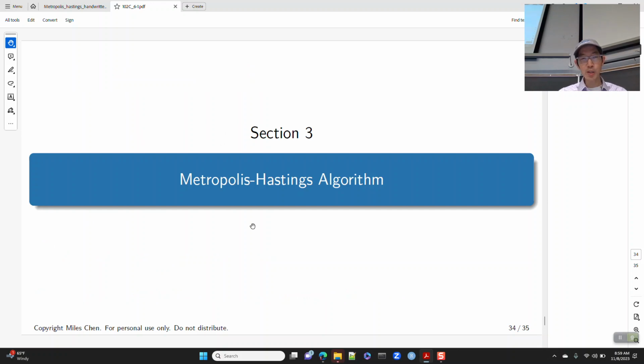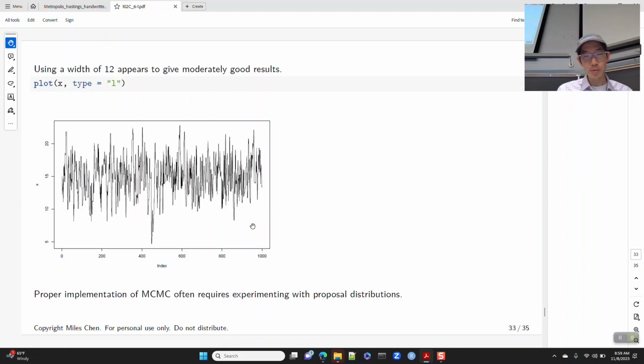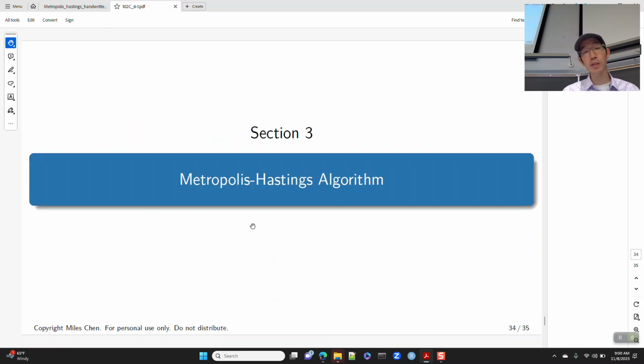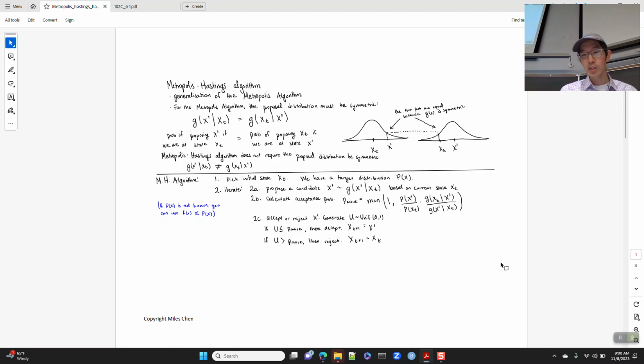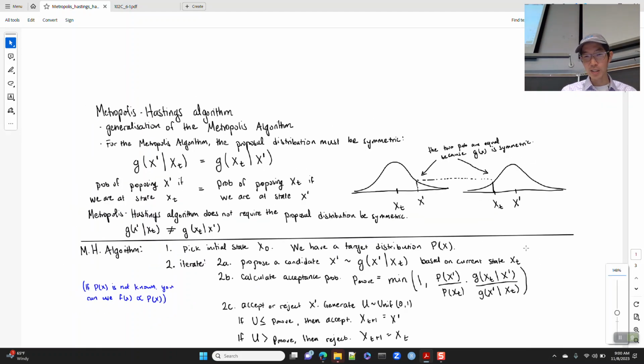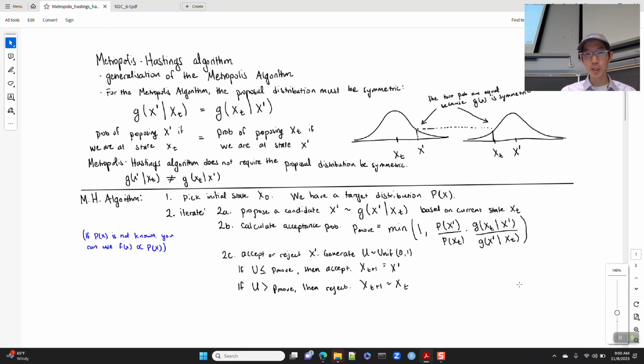Okay, let me talk about the Metropolis-Hastings algorithm, which is a further generalization of the Metropolis algorithm, where we relax one of the restrictions on the generating distribution. Sorry, for these notes, I have them handwritten here.